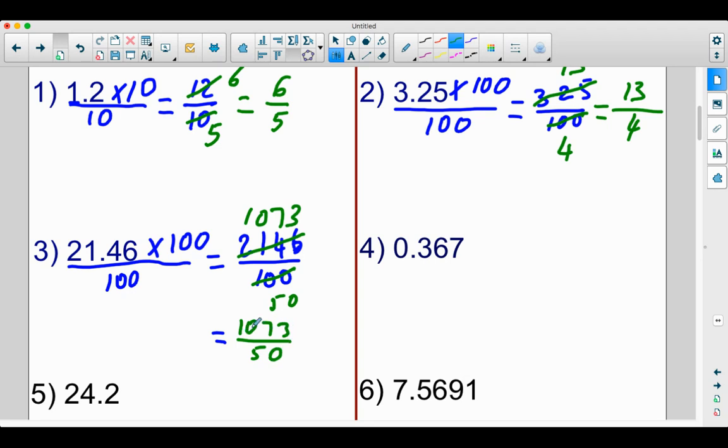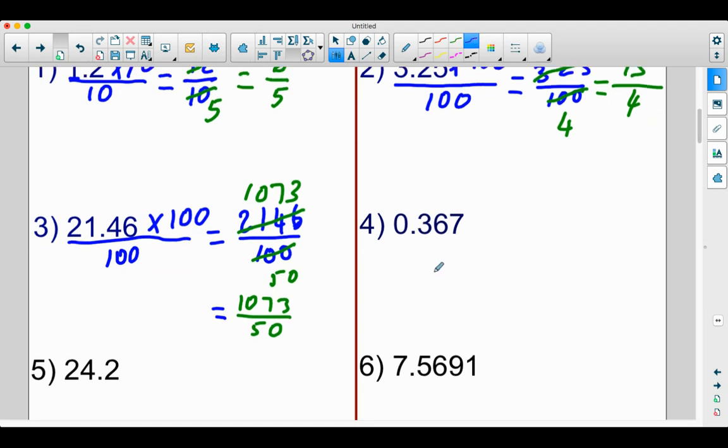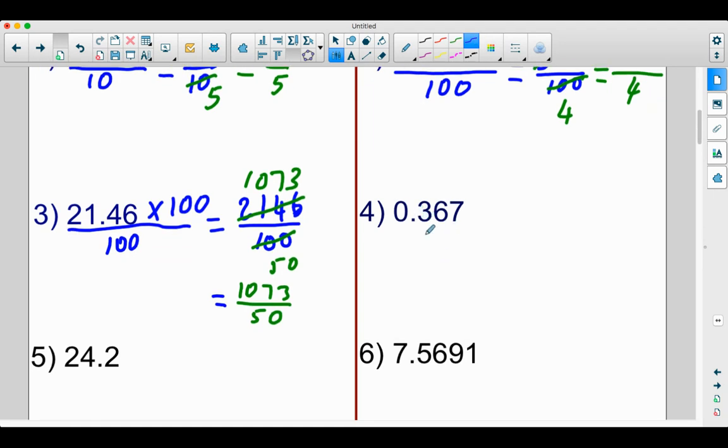Okay. Now number 4. 0.367. Okay, we have 3 digits after the decimal point, so we are going to multiply by 1,000 and divide by 1,000.